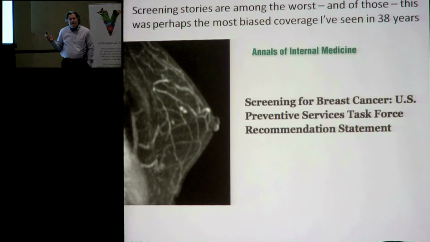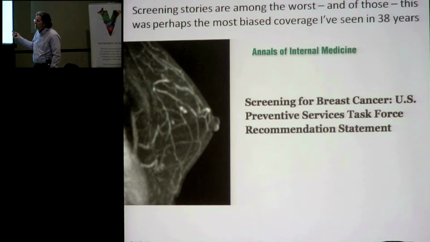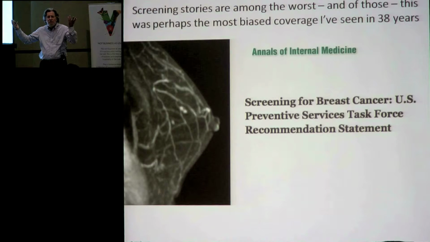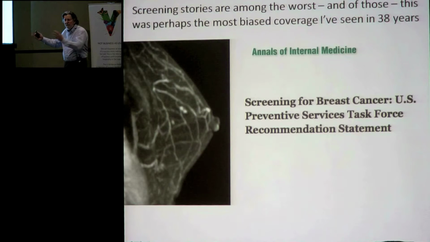And it's because the task force, I believe it was an I recommendation, wasn't it? Which meant, if you remember her slide, the evidence is insufficient to rule one way or another. So women must know the trade-offs that are involved. So in simply raising the issue of trade-offs, this task force was severely criticized.